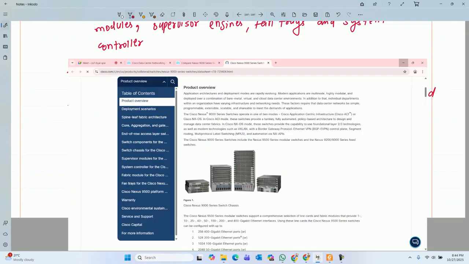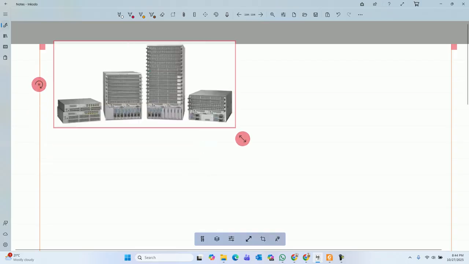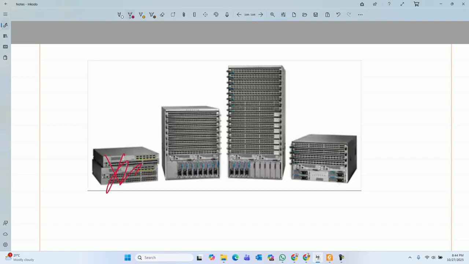Copy the image and paste it here. So they are again fixed switches, but these are the modular switches. In this case, this is known as a chassis, and this is 9504.